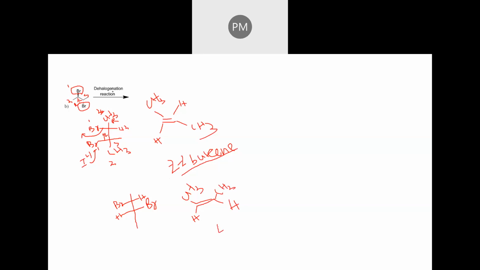So these are E products. These are also stereospecific reactions, but from this we get E product, and from there we get Z product.